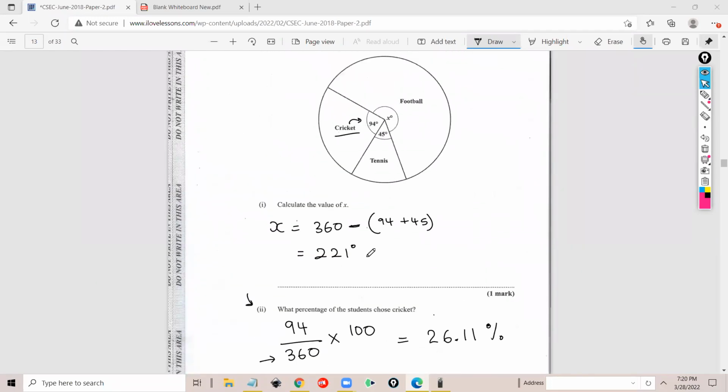All right, somebody just wants to see the diagram here a little bit. Tennis was 45 degrees, all right? For those who needed to double check.